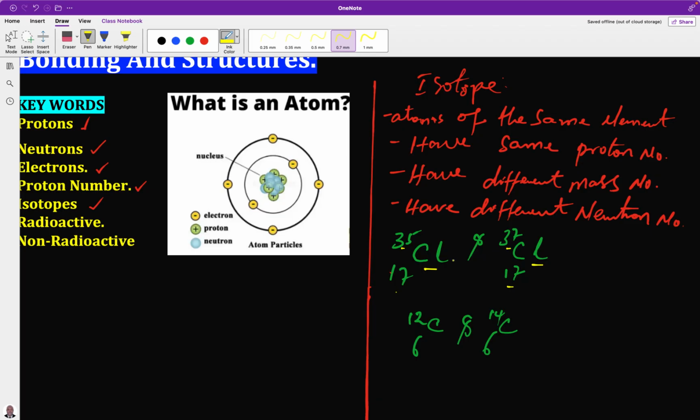As a result of what? Because they have different numbers of neutrons. So that is the simple definition for isotopes.